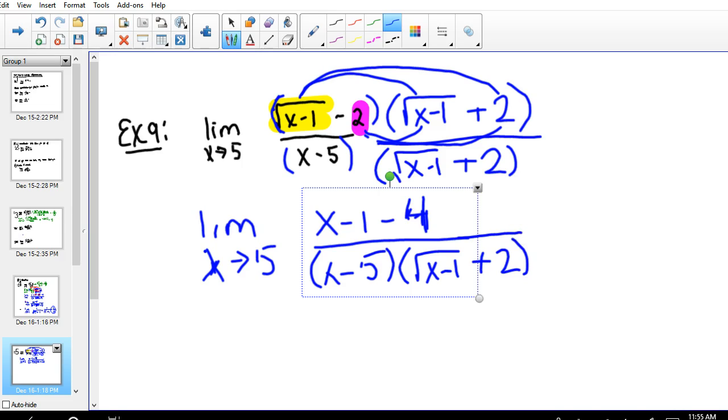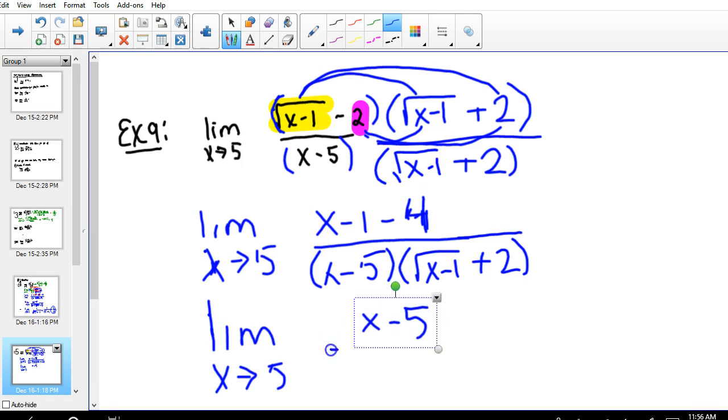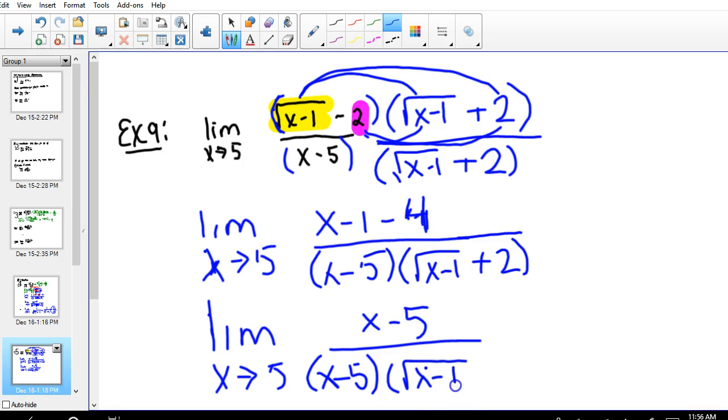And then, of course, we can put the negative 1 and negative 4 together, which will give us x minus 5 over x minus 5 times the square root of x minus 1 plus 2, and then our x minus 5s can cancel.